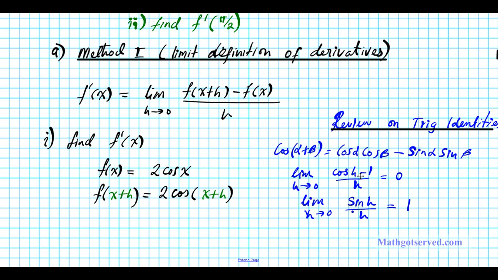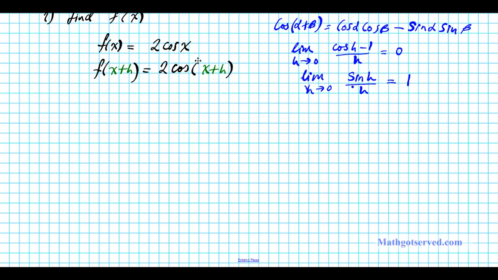Okay, on most formula sheets these h's are x's, but it doesn't really matter what the letters are. So we're going to be making use of this trig identity and these trigonometric limits in carrying out this proof. All right, so let's go ahead and apply this identity to the situation we have right here.